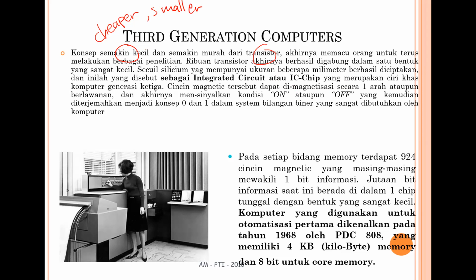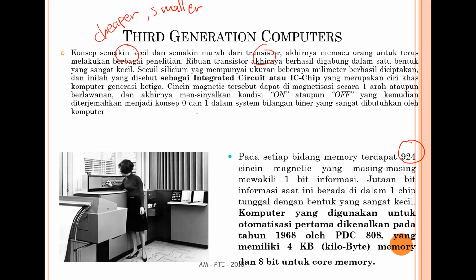And here we can see that in the third generation of a computer, there is a magnetic ring. 924 magnetic ring. And then it's probably very helpful to help the work of the computer.